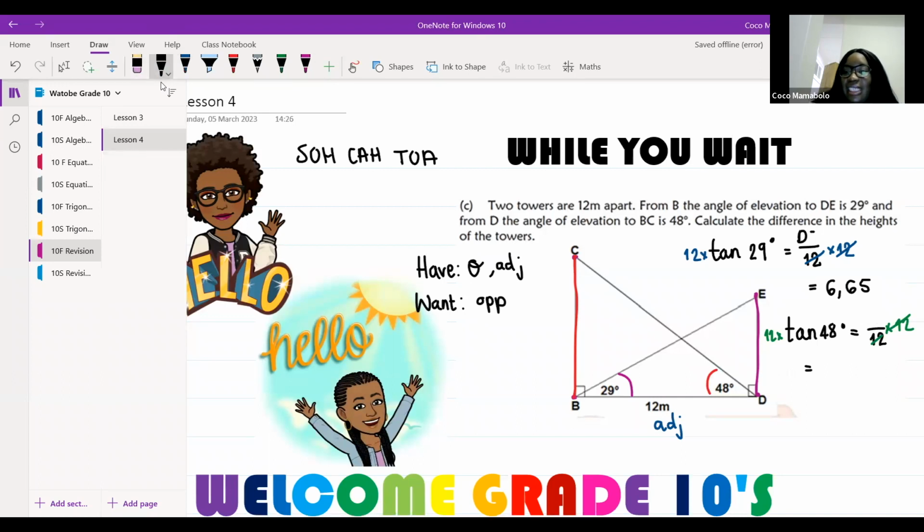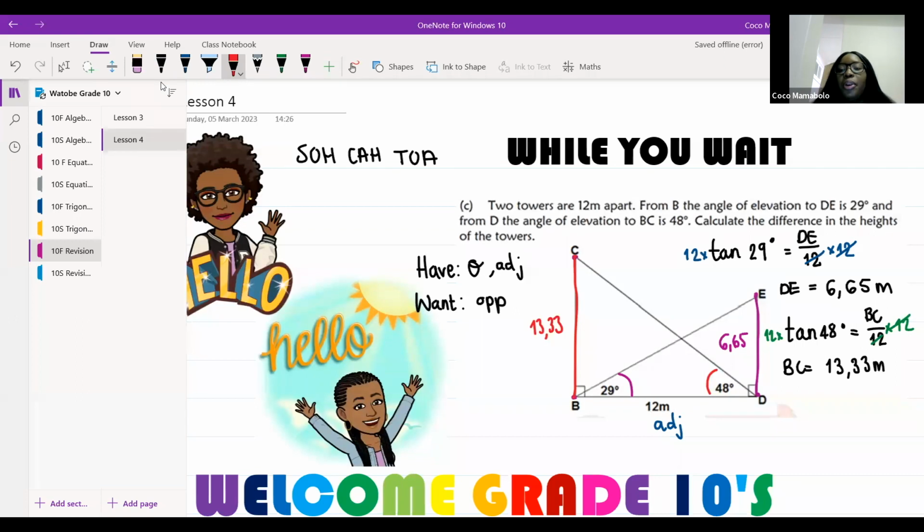So this was DE is equal to, and over here, this was BC, and therefore BC is equal to 13,3 meters. Sorry, teacher Nels actually spotted that, and I think Tiamo spotted it as well. I did it the other way around, and I shouldn't have done it. So this side over here is 6,65 meters, and this side over here is 13,33. But we're not done.